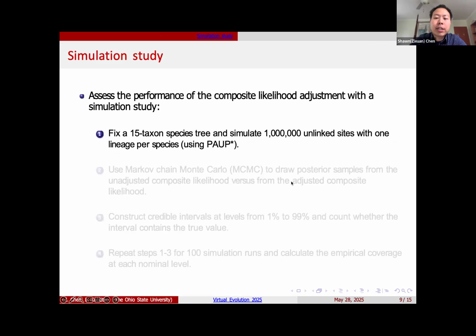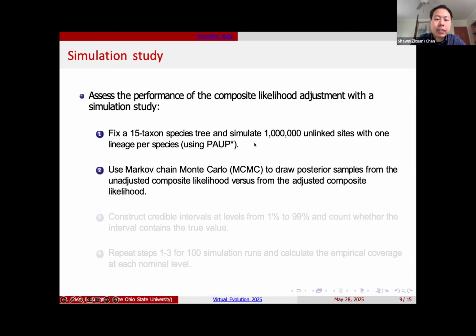So we have done a simulation study to show the performance of the composite likelihood adjustment. First, we fix a 15 taxon species tree and simulate 1 million unlinked sites with 1 lineage per species using PopStar. Second, we used Markov chain Monte Carlo to draw posteriors from the unadjusted composite likelihood versus from the adjusted composite likelihood.